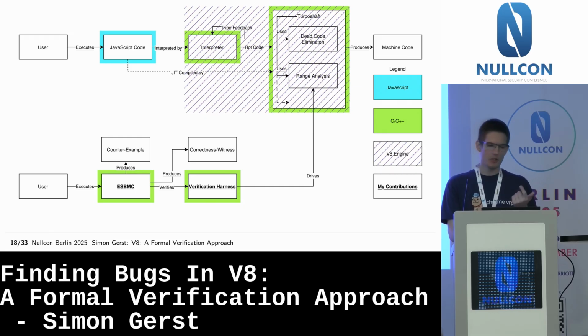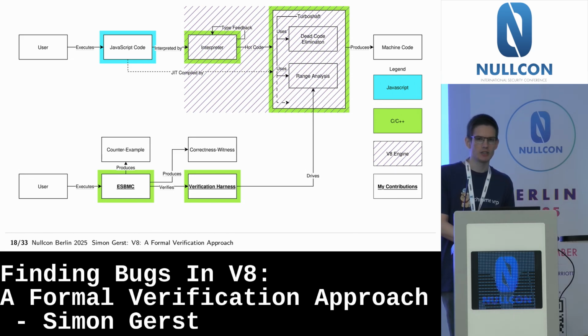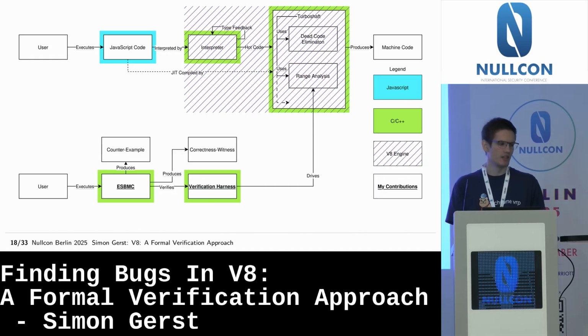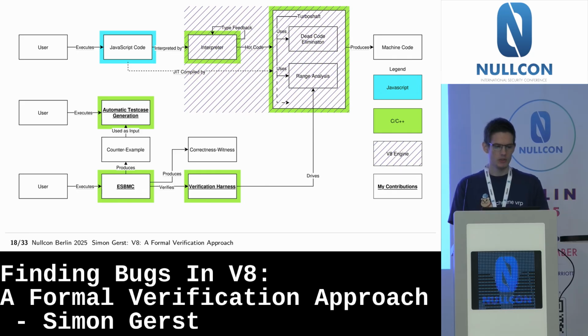But now we have a problem because I've interacted with the analysis using C++. And if I go to the V8 developers and say, hey, run this tool and the C++ file, they will say, yeah, but our users don't interact with it using C++. All they do is run JavaScript code. So what I want to do is take this counterexample, which is based in the C++ world, and automatically generate a JavaScript file that, when run again, will trigger the same crash as I found using ESBMC.